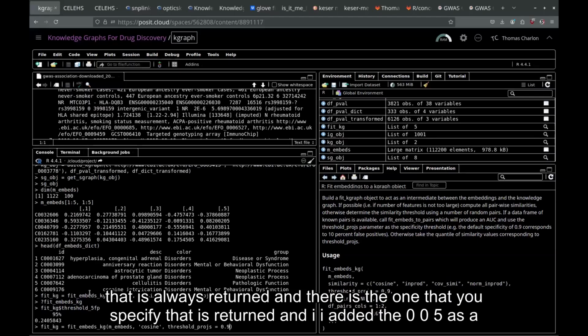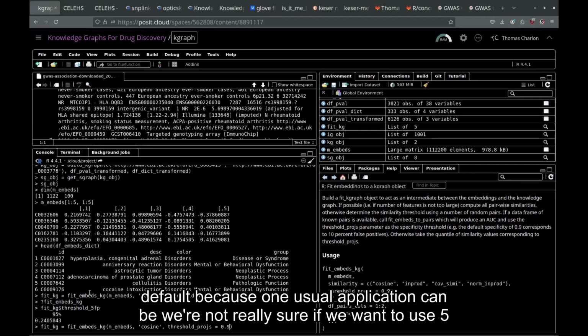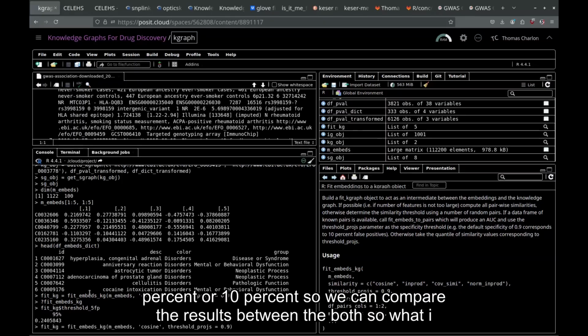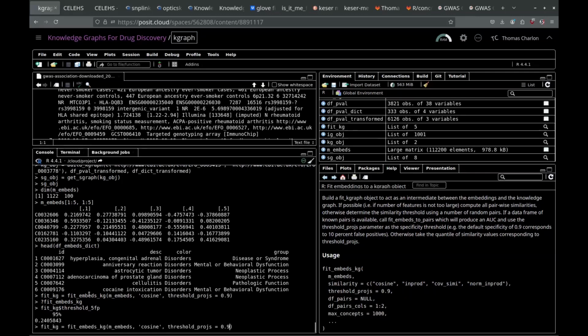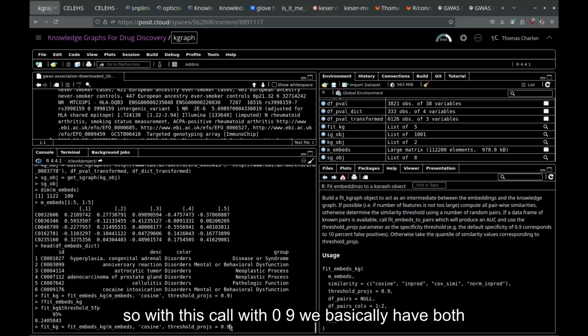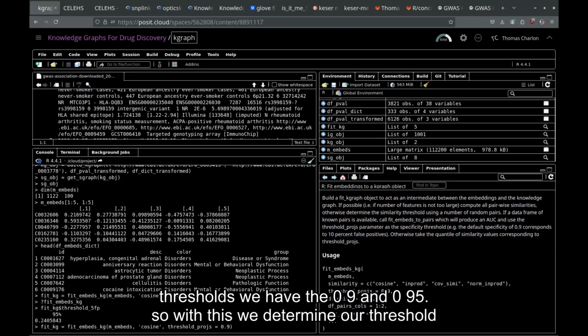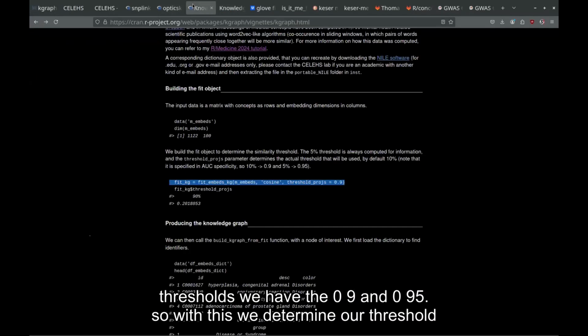I added the 0.05 as a default because one usual application can be that we're not really sure if we want to use 5% or 10%, so we can compare the results between both. So with this call with 0.9, we basically have both thresholds, the 0.9 and the 0.95.